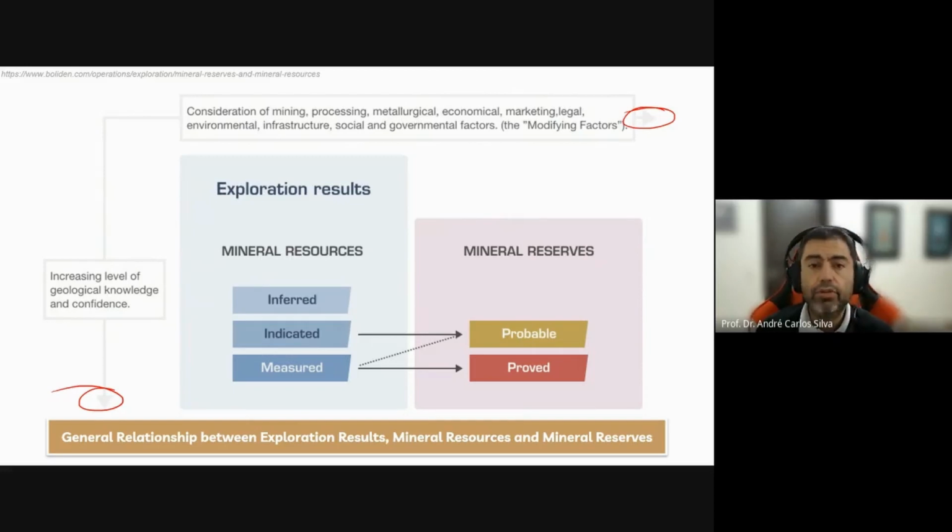And that's why it's so important to understand this, because you have to live with that all the time. Okay, so the results that we have after a geological exploration is going to always be mineral resource. Okay, so understand something: if you want to move from resource into reserve, you have to have more professionals working with you. You can't work only with geologists, because geologists, they're going to deliver to you resource.